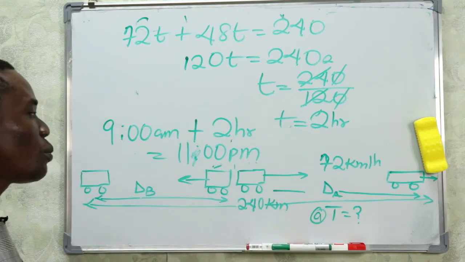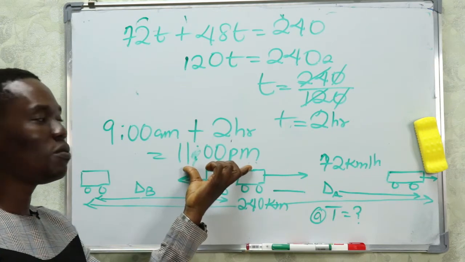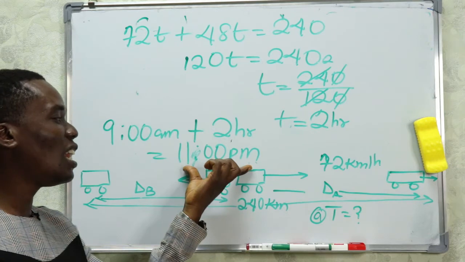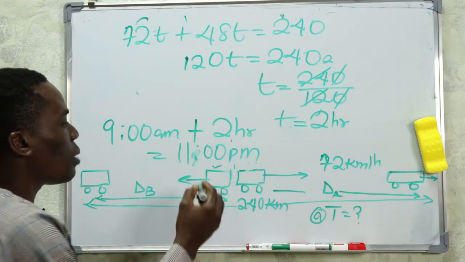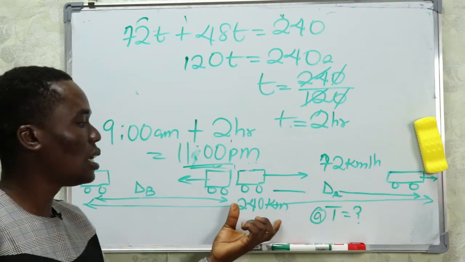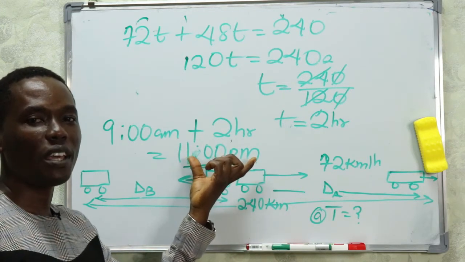If you see the options, you don't have 11 a.m., so I assume the 11 they are talking about should be 11 p.m. So both of them will be 240 kilometers apart at 11 p.m.